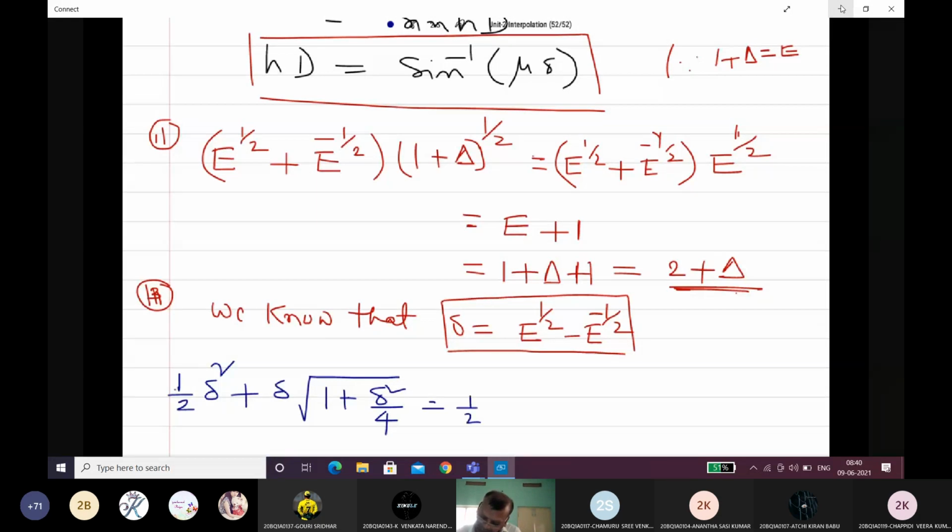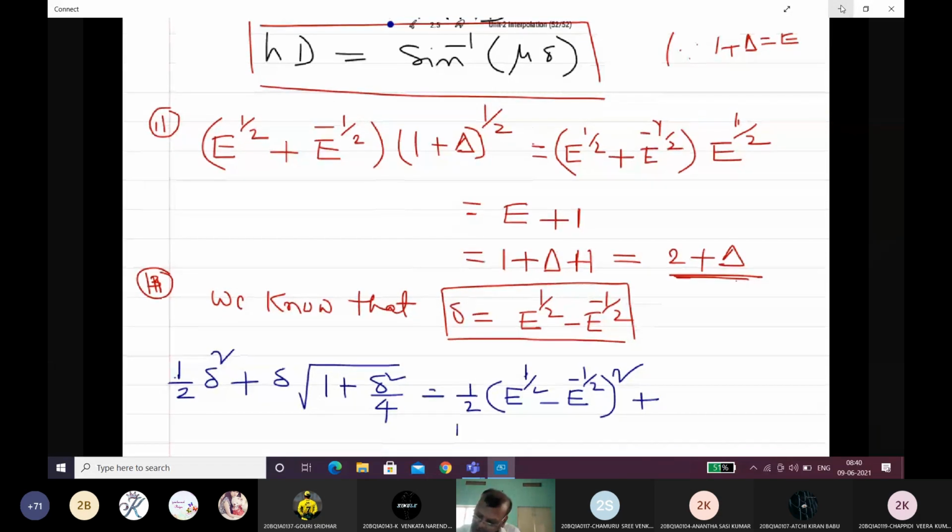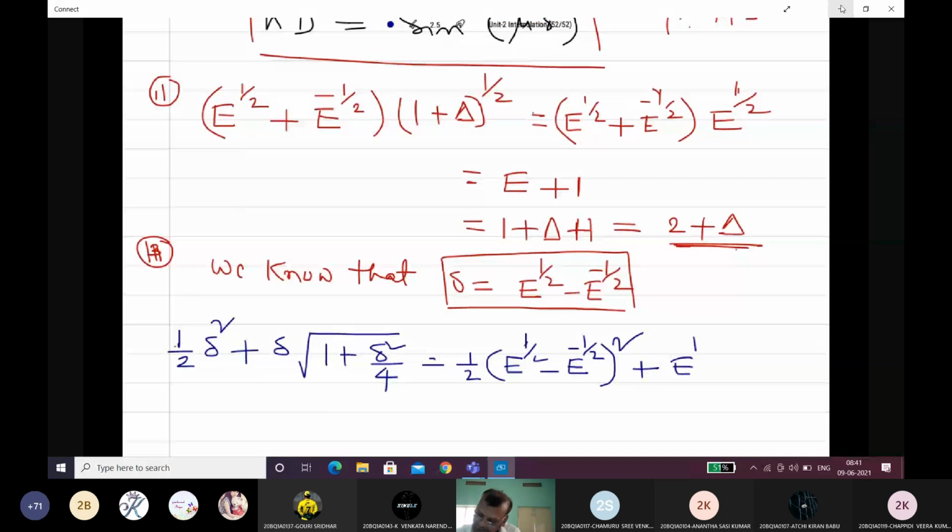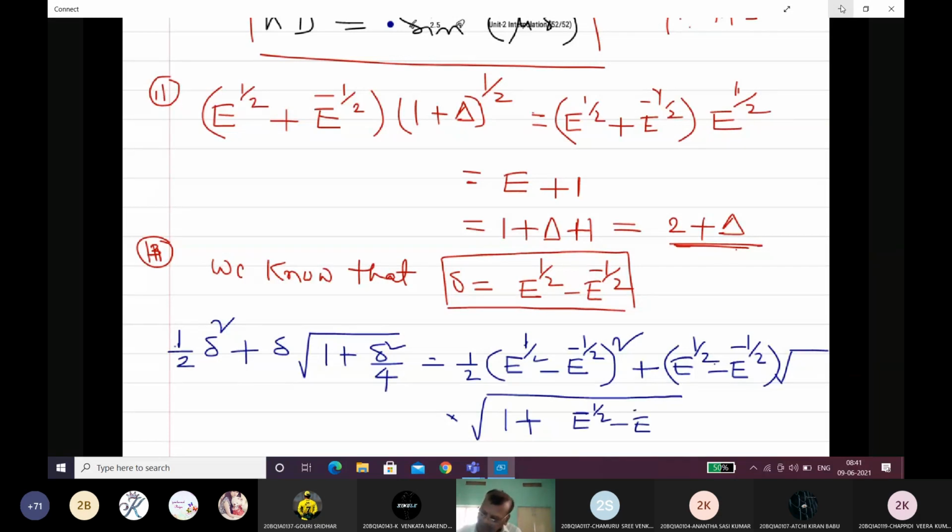That is equal to 1 by 2 of e power 1 by 2 minus e power minus 1 by 2 whole square, plus delta value, e power 1 by 2 minus e power minus 1 by 2, into root over 1 plus e power 1 by 2 minus e power minus 1 by 2 whole square by 4.